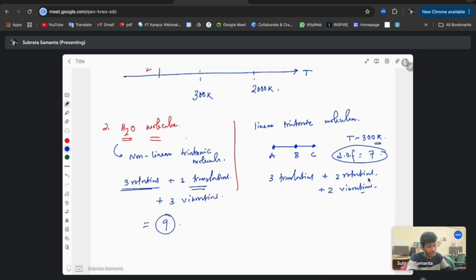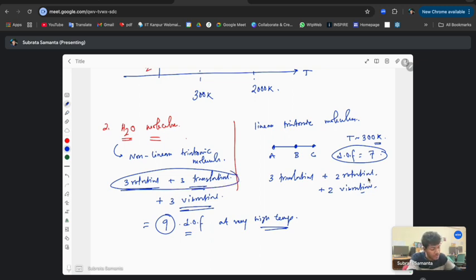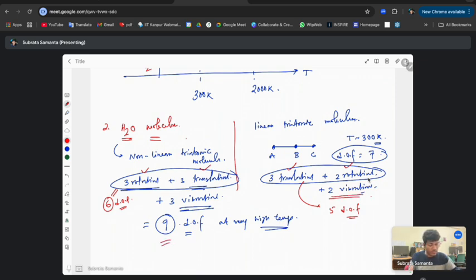Otherwise there are 6 total, and if we consider only translation and rotation, 6; if we neglect the vibration, then for linear triatomic molecules it is 5, and if we include the vibrational, 7 for linear and 9 for non-linear.